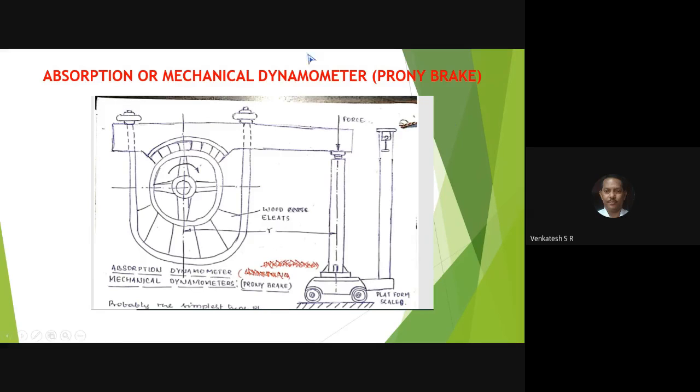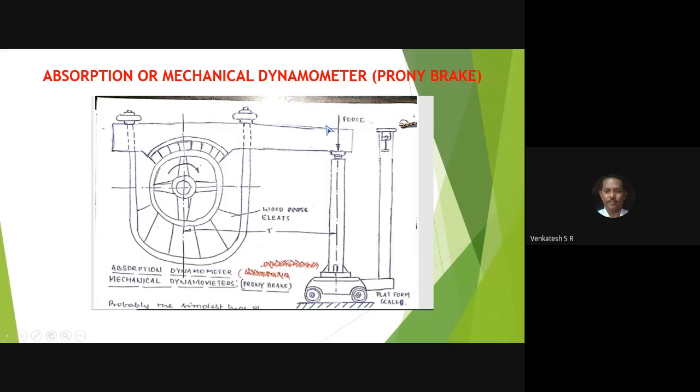In the same way, here you have a lever like this, which is supported on the wooden eyelets. All of you observe here, this is the wooden eyelets, and this is the shaft, and the distance from the center of the shaft to the platform scale.